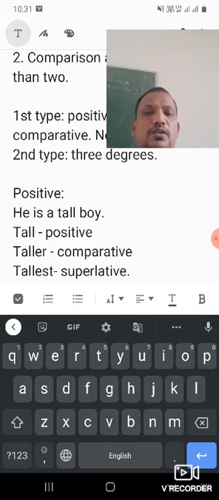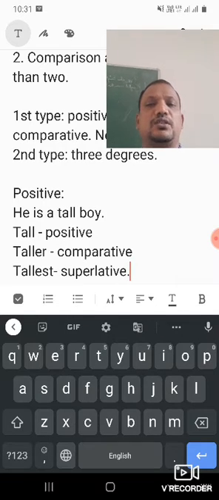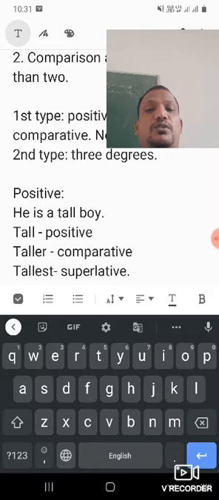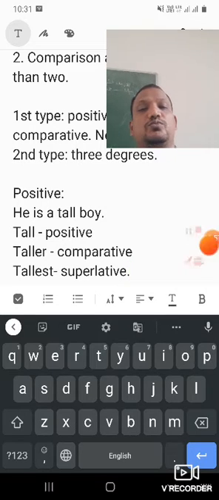In this way we can use the positive degree for speaking about a single subject, single person. Sorry, this adjective can be used for the comparative degree also.